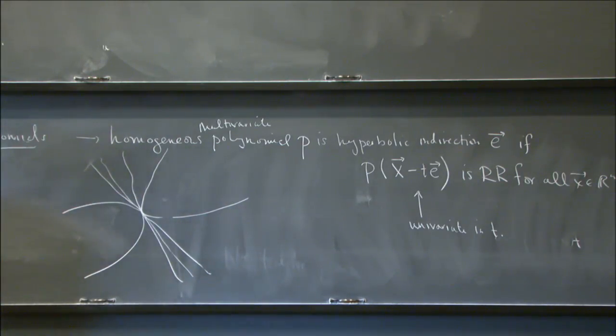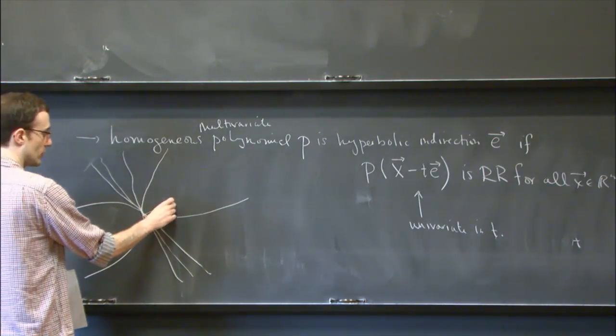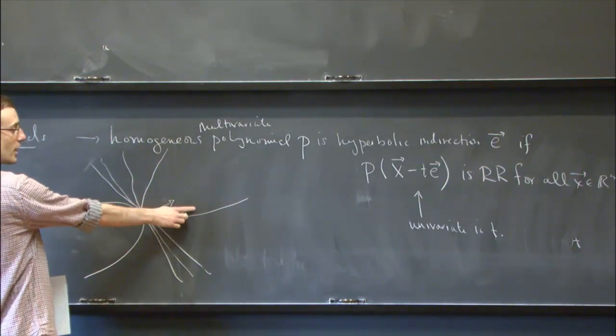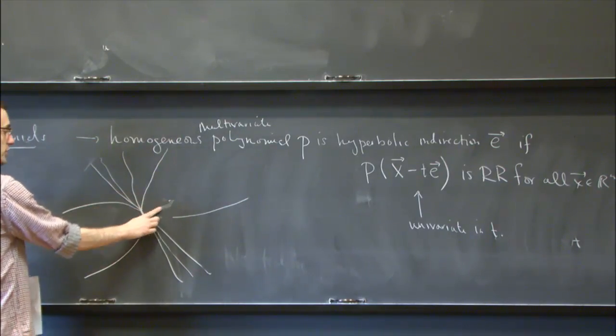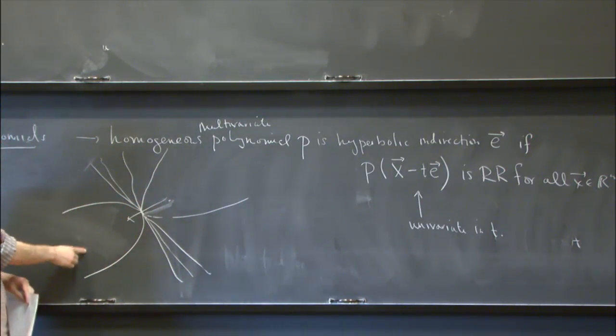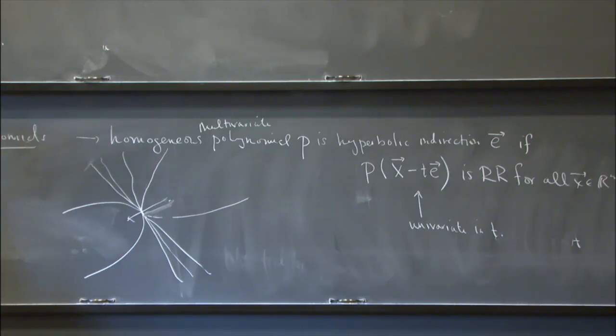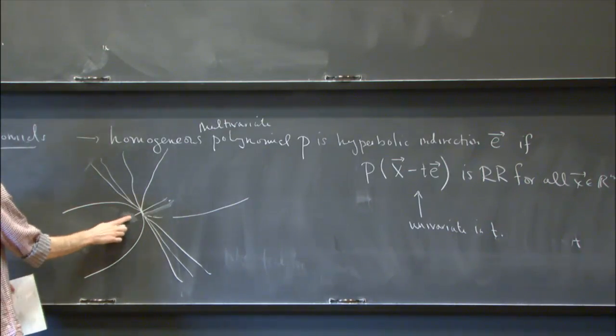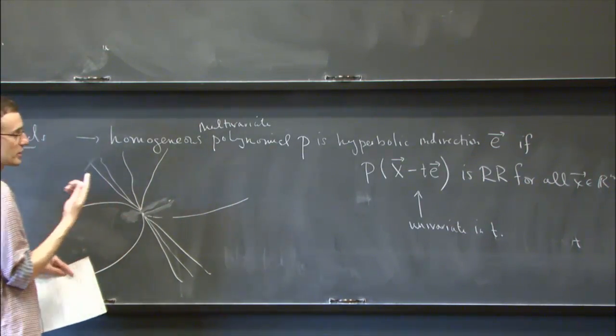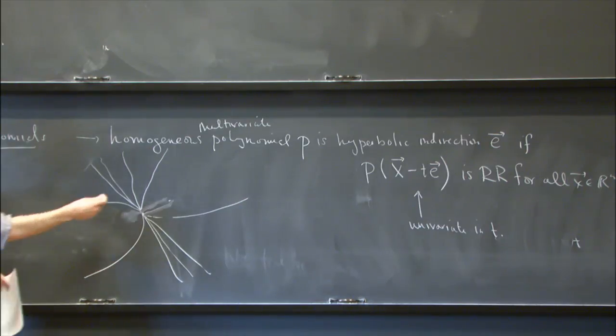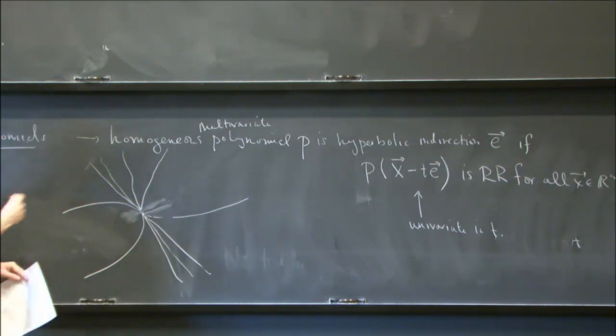If this is a polynomial, in which direction is it hyperbolic? You could say it's hyperbolic in this direction, in which case this would be your hyperbolicity cone. Or you could say it's hyperbolic in this direction, and then you're talking about this hyperbolicity cone. Or you could just say that it's hyperbolic, in which case people assume that you mean whatever the positive cone is.